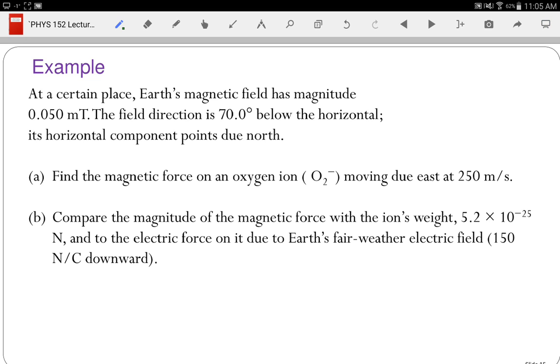The reason we use Gauss a lot is that in Gauss, it's just half a Gauss instead of 0.05 milliteslas. The field direction is 70 degrees below horizontal from north. So find the magnetic force on an oxygen ion moving due east at 250 meters per second.